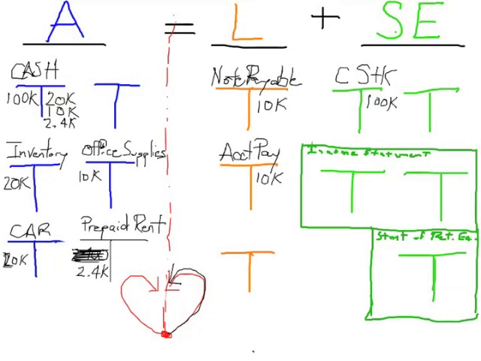Let's go on to a unique liability transaction. Earlier on in video 1, I told you that pretty much all your liabilities are going to end with the word payable. Well, and that there was one weird one called unearned revenue. We're going to make that account right now. Unearned revenue in liabilities.